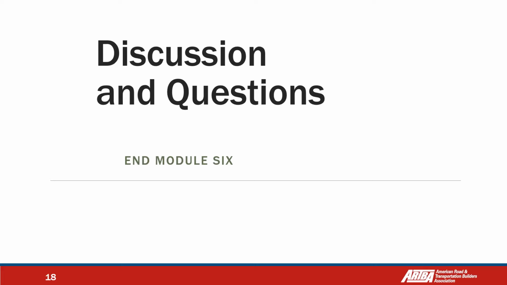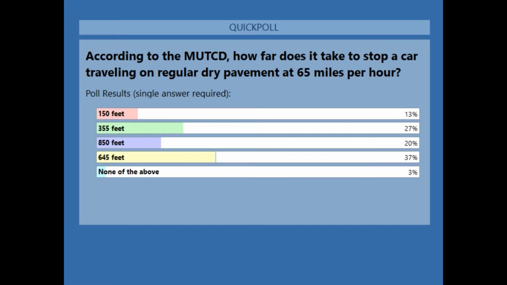Okay, so Robinson, the responses were 13% said 150 feet, 27% voted 355 feet, 20% voted for 850 feet, 37% voted for 645 feet, and 3% said none of the above.